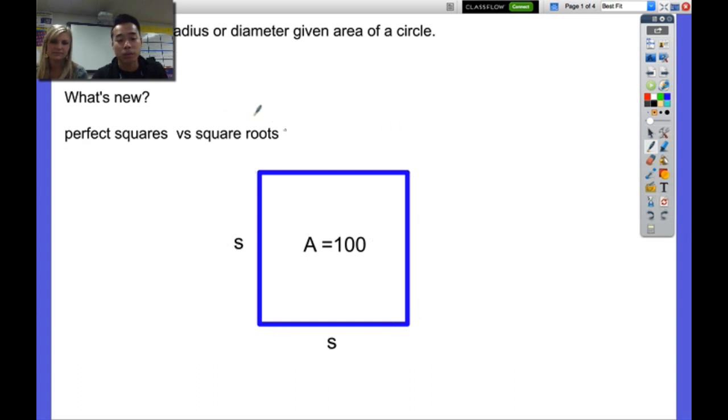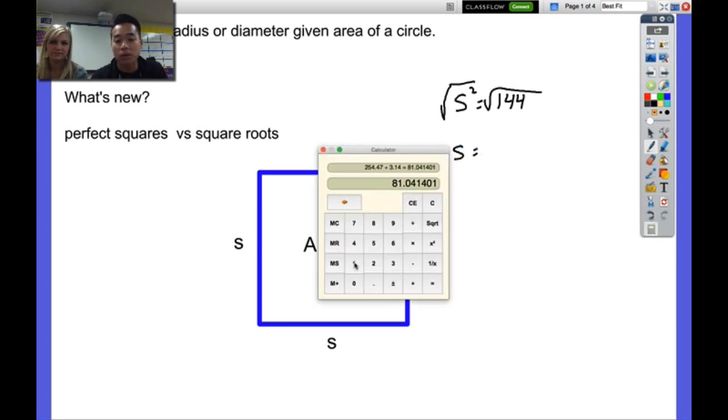Let's try another one real quick. We talked about the first 15 squares in class. So if you have, let's say, the side length of a square, s squared is equal to, let's do 144. To undo this, you would do the square root on both sides, and you get s is equal to... You can always use the calculator to check your work, because not all numbers are perfect squares, and we'll get more into that later.